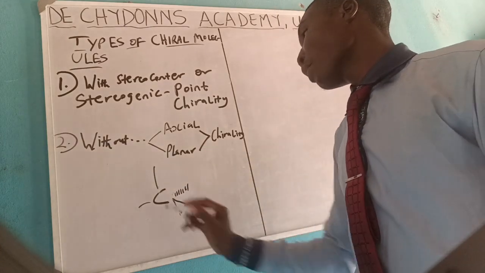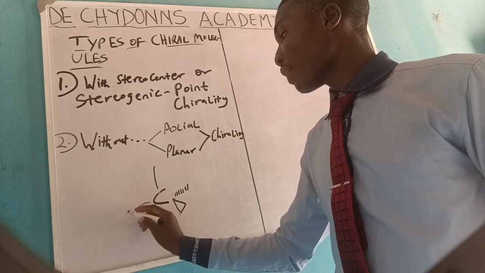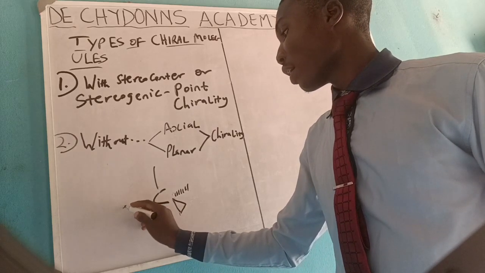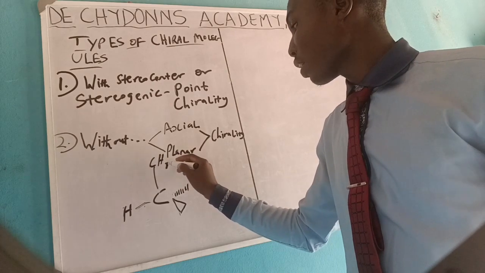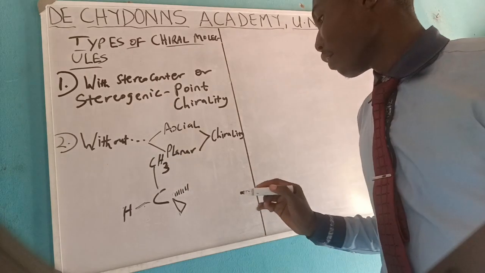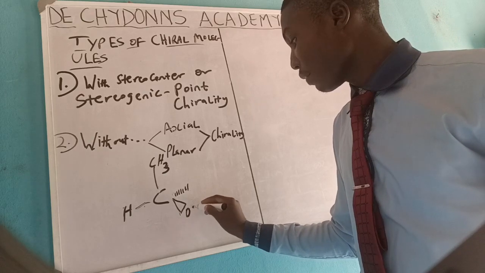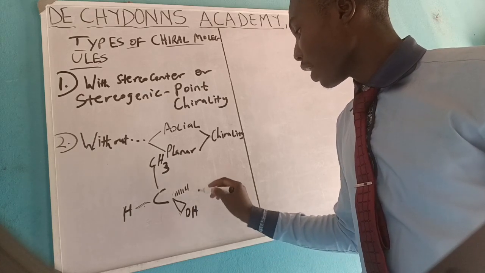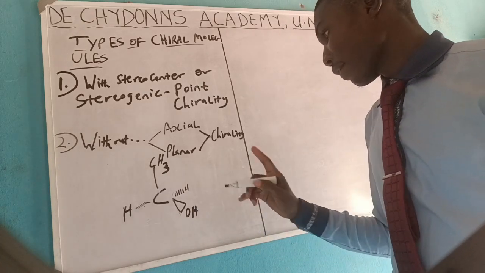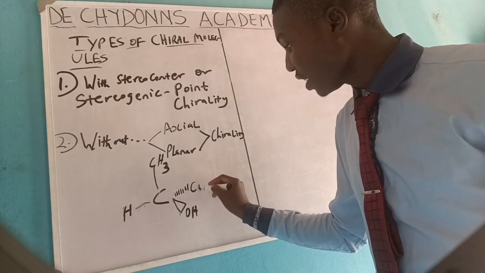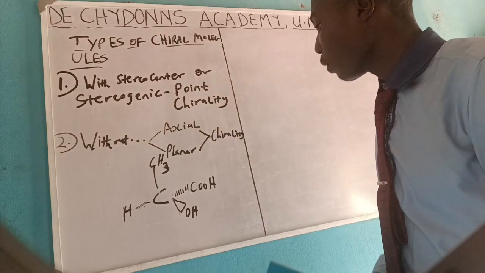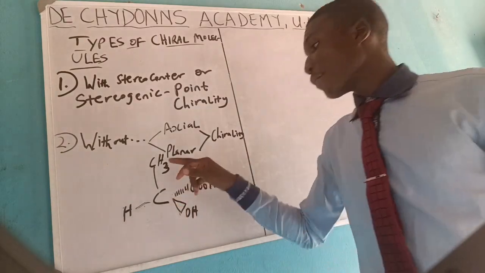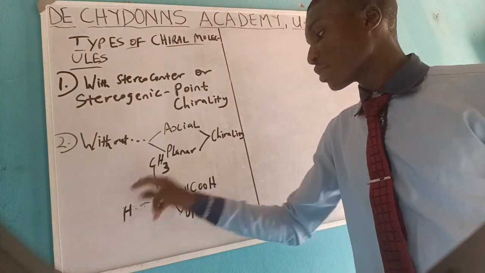So let's assume that what we have here is, let's say, H. What we have here is CH3. What we have here is OH, and what we have here is COOH.